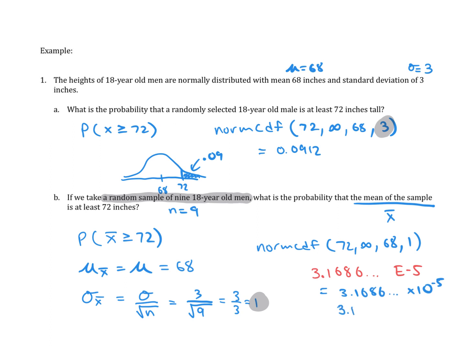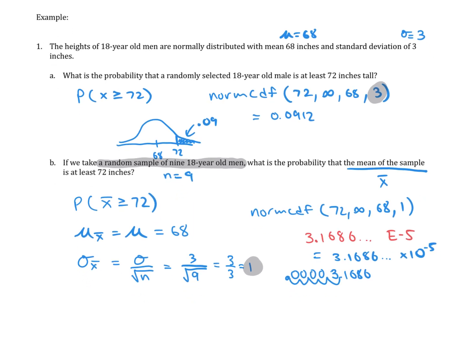So if I take 3.1686 and I move the decimal 5 places to the left, 1, 2, I add a 0, 3, 4, 5, I get about 0.00003. And so that probability is quite low.